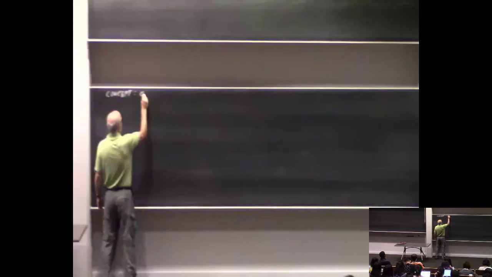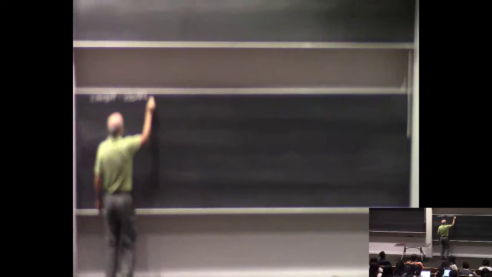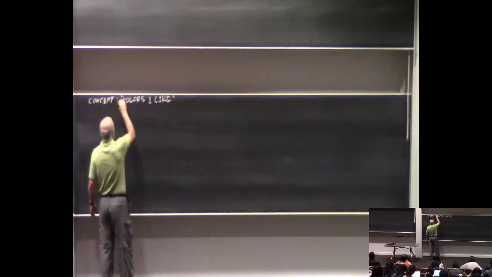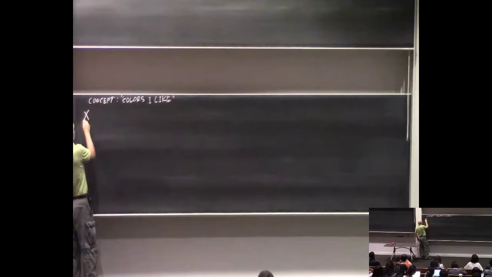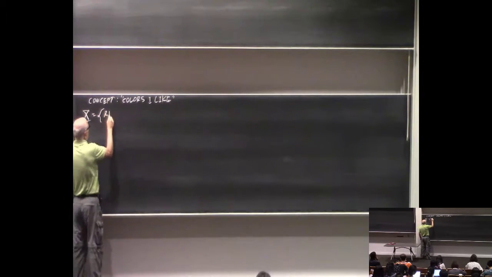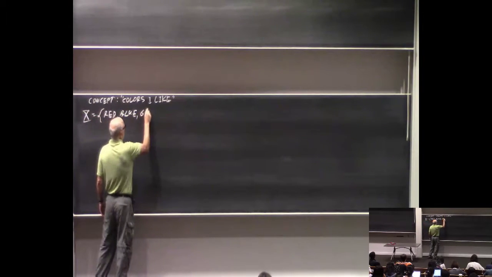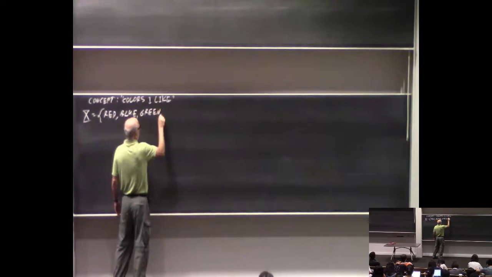So let's say the problem is my favorite colors I like. The concept is, and the input space consists of only 4 colors: red, blue, green, and yellow.